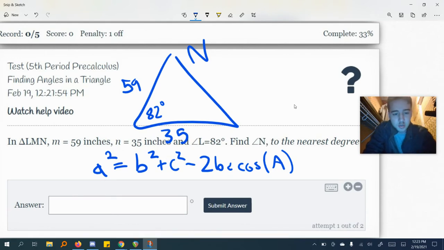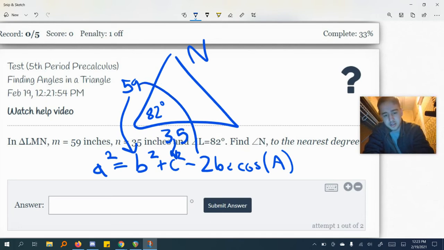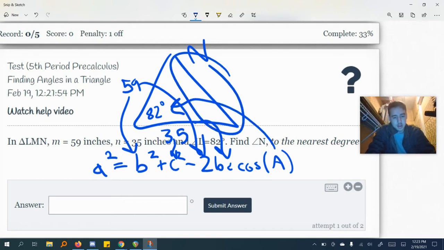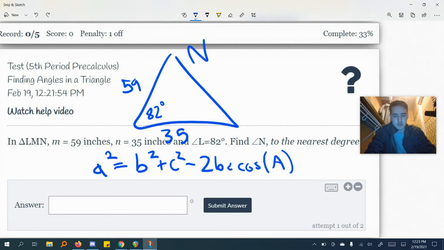So 59 squared plus 35 squared minus 2 times 59 times 35 cosine of 82 is going to give us the length of L. I'm going to undo all these things just so that we can see the problem. And we're going to plug that in to a calculator.